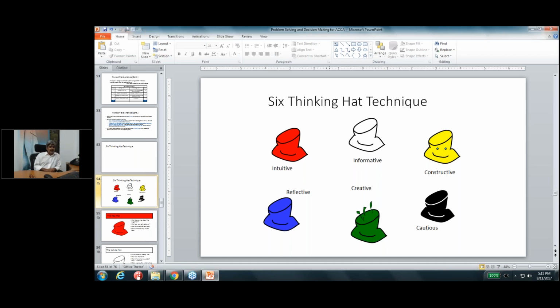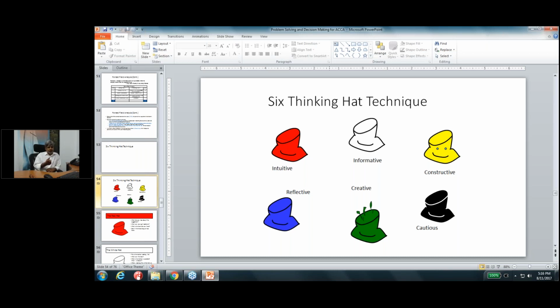So the Six Thinking Hats is a technique of looking at the problem in different ways. The idea is that you are wearing a particular hat. When you wear a particular hat, maybe it is a critical thinking approach, maybe it is an imaginative thinking approach, maybe it is the criticism approach, right?